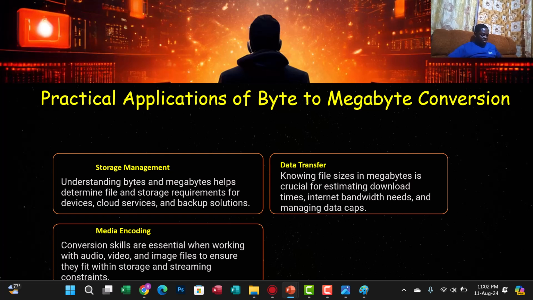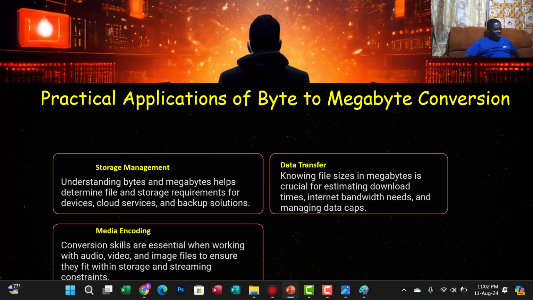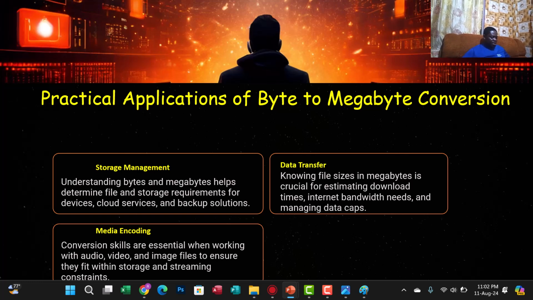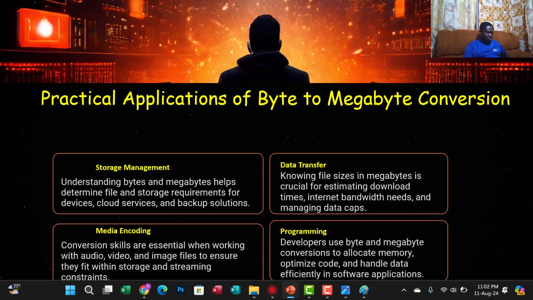Then media encoding is where the concept of megabyte and byte is applied. Conversion skills are essential when working with audio, video, and image files to ensure they fit within storage and streaming constraints.